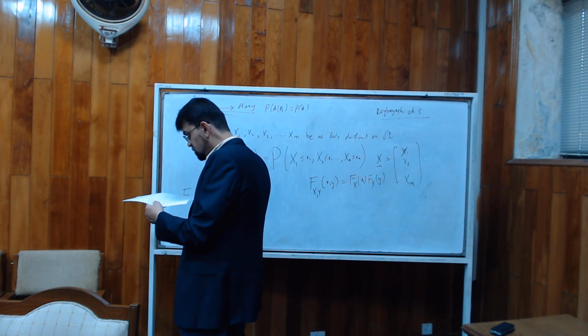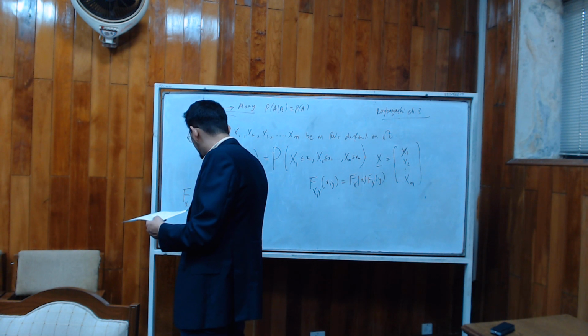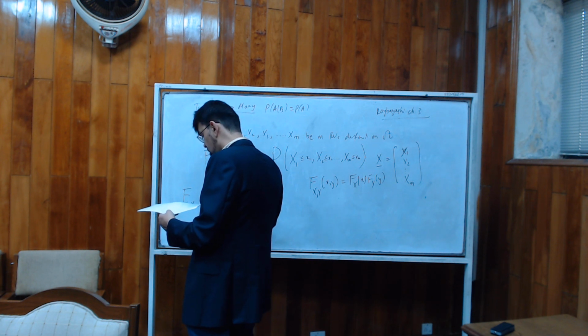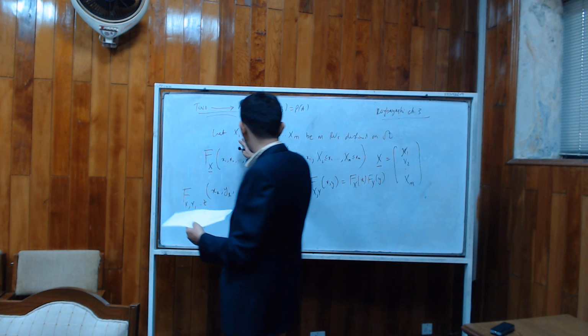So just to make it clear, let's say I have x, y and up to some z, and I have xk. I will mention why I have gone from this to this.